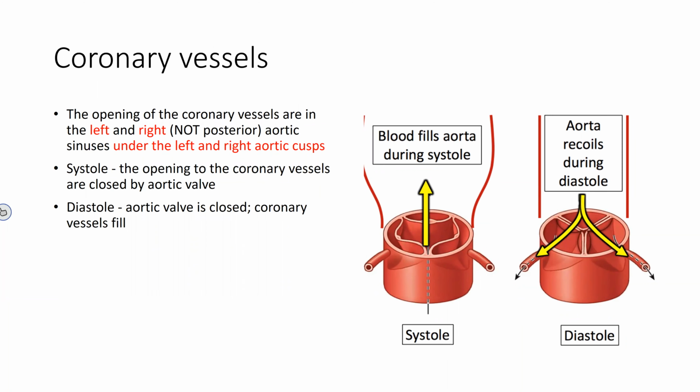So this diagram kind of shows that because the coronary vessels originate just under the aortic cusps of the aortic valve, it means that in systole the opening to the coronary vessels is closed, and it's in diastole when there's no blood going through that the coronary vessels actually fill.